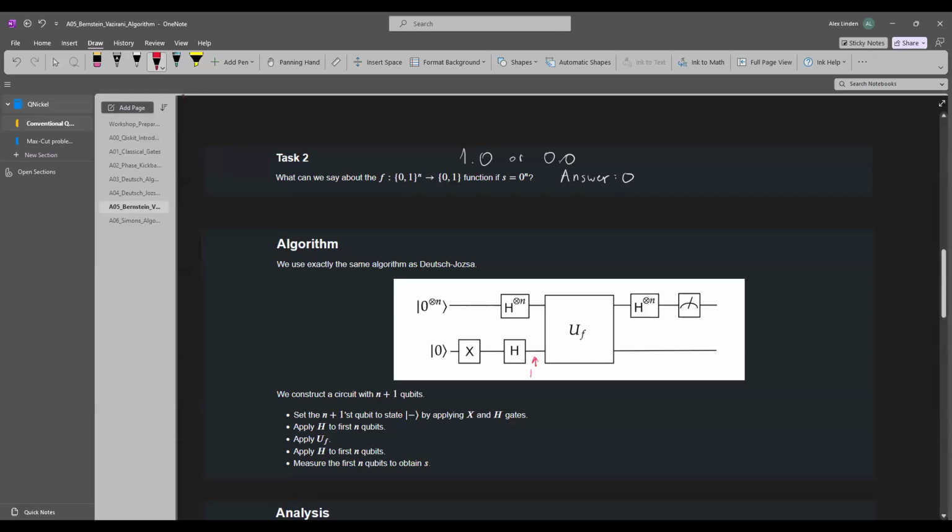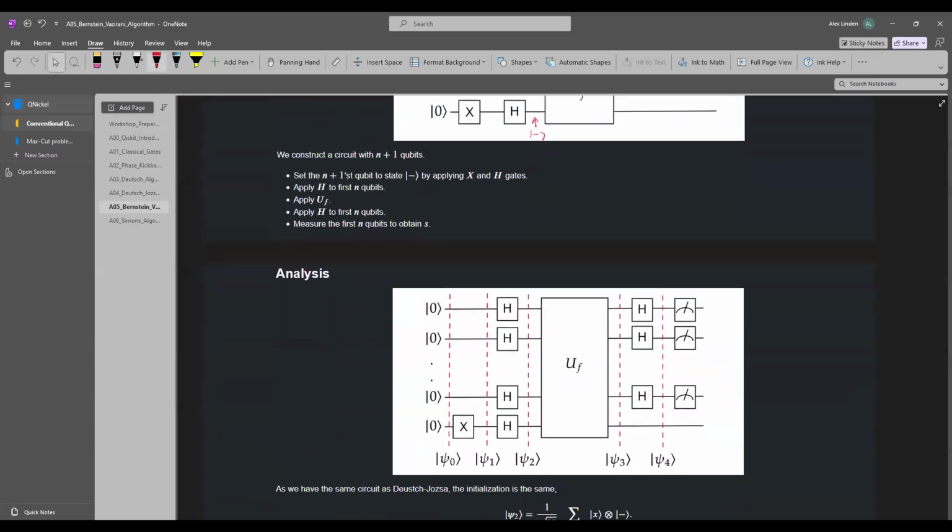So here we'll have minus. And we're putting all of this in an equal superposition with Hadamards. Next, we're applying our unitary operator. Again, the Hadamards, but not on the target qubit. And finally, we're measuring all of those qubits to obtain S.